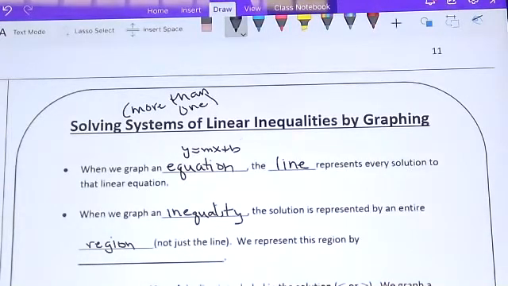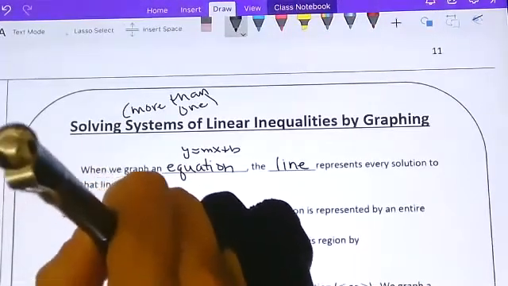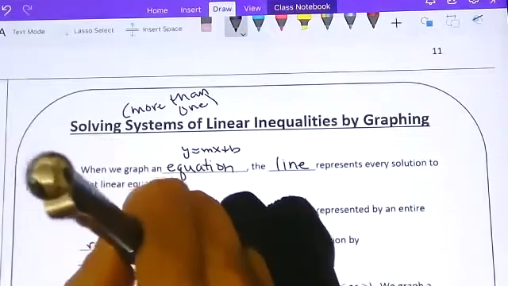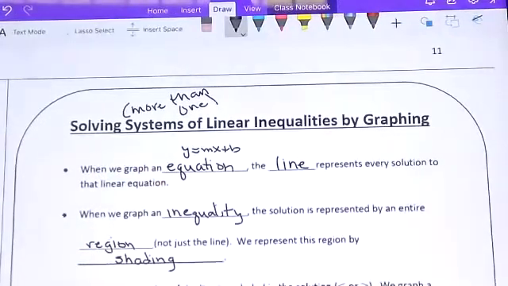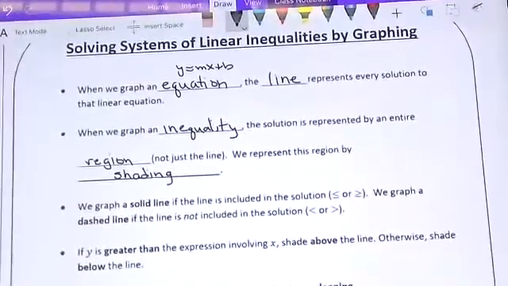One of them is the solution, one of them is not. But our solution is represented by the entire region. And we represent this region by shading it. So that is our conventional method for indicating where the solutions lie on a graph. We shade them. Okay, so that's what an equation is versus an inequality.